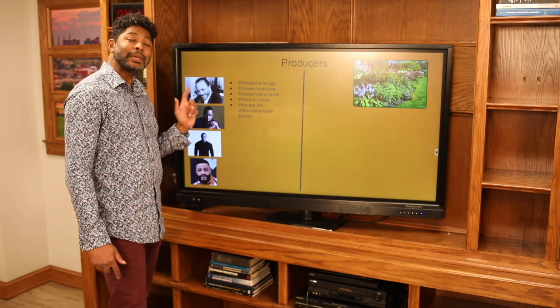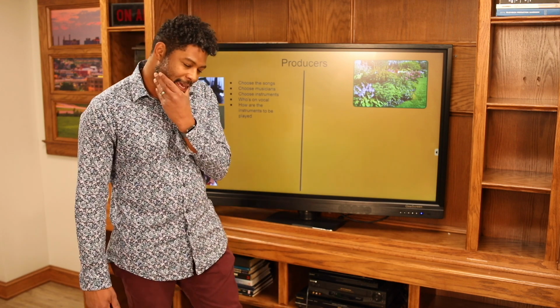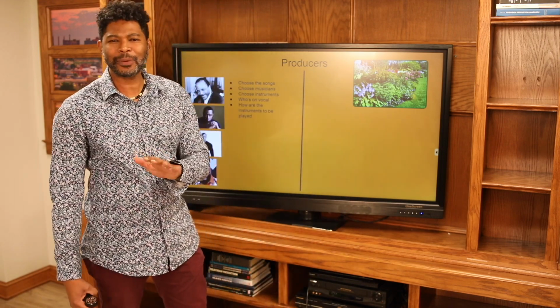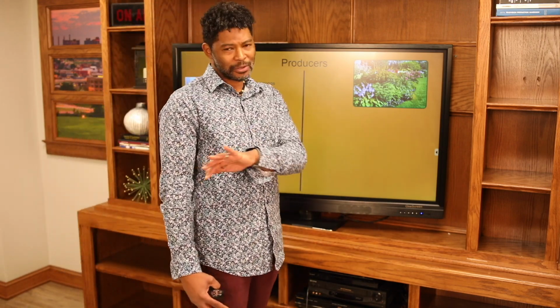How will the instruments be played? One of the things that I found with Prince, rest his soul, is that if you went to a Prince concert, you'd hear a completely different set on Monday night than on Tuesday night. Why? Because he decided, I didn't like the way the drummer was playing, we're going to do this a little different.